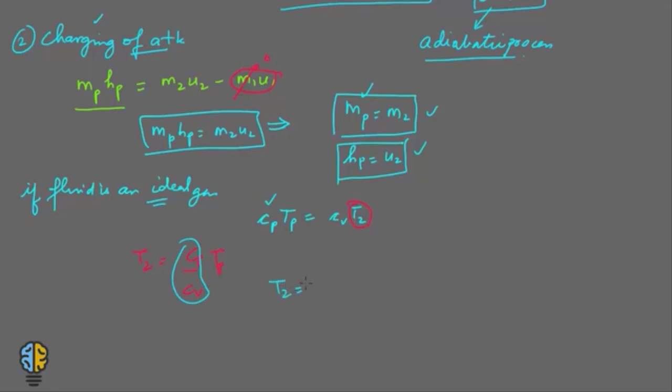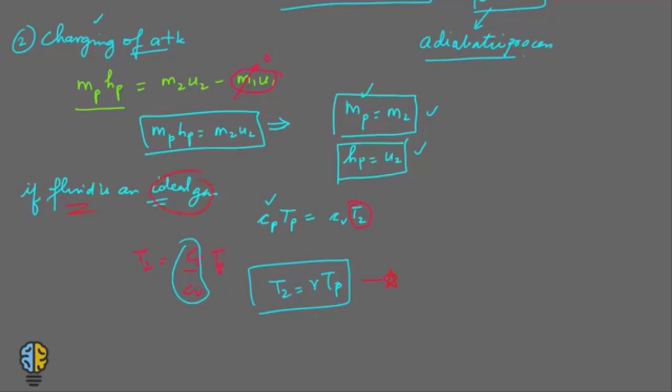So the temperature of the tank after filling up is equal to gamma into the temperature of the fluid in the supply pipeline. So this is again a very important relation that we have got, that is to find out the final temperature of the gas in the tank after charging if the fluid is an ideal gas.